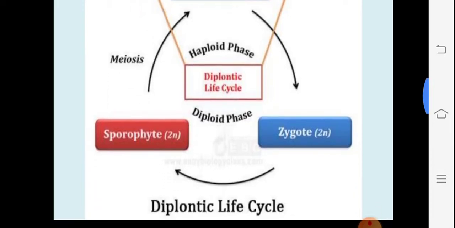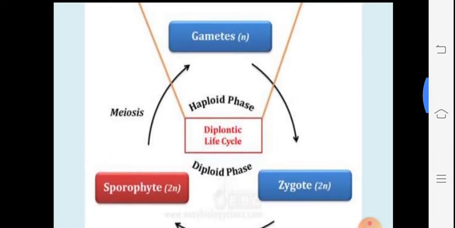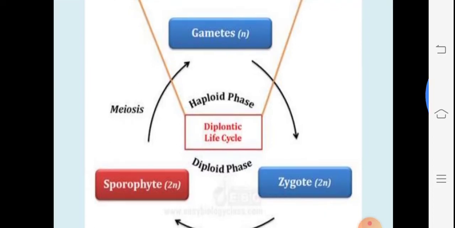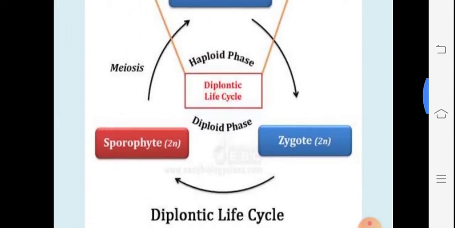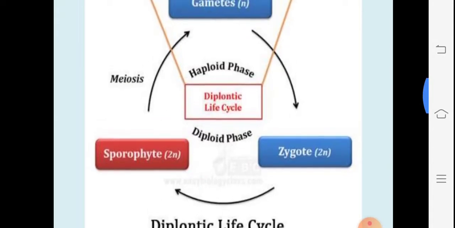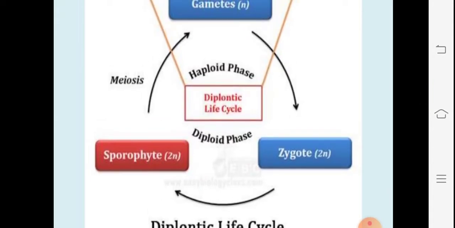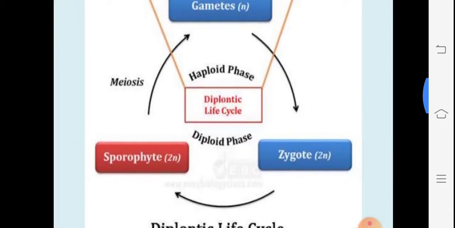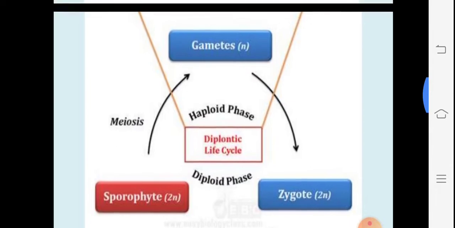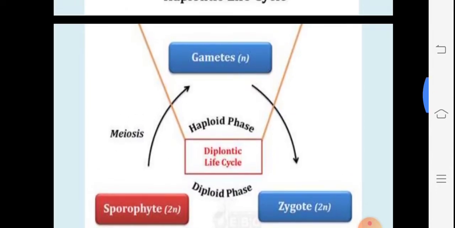Then the second one is the diplontic. The gametophyte is haploid, then it forms a diploid zygote after the fusion of male and female gametes. This diploid zygote gives rise to the sporophyte. The sporophyte shows meiotic, reductional division, and it gives the gametes.